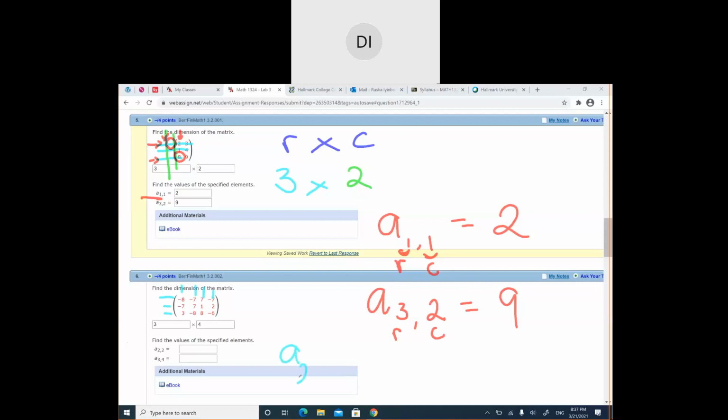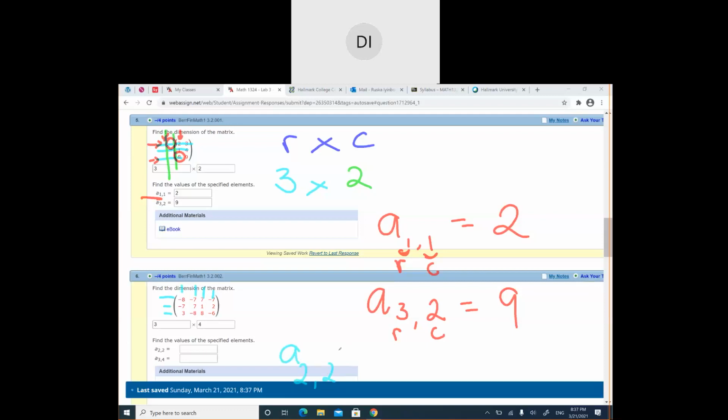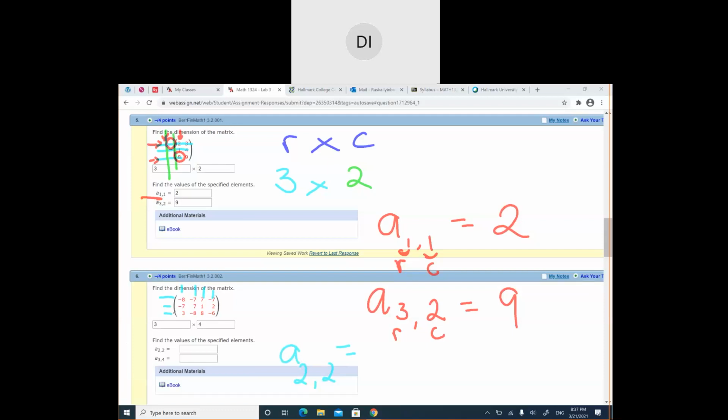A2 and 2 means I go to the second row and second column, which is this number, 7. Then we also need to find A element 3 and 4. I go to the third row and fourth column, which is -6. So one number is 7, and the other is -6.